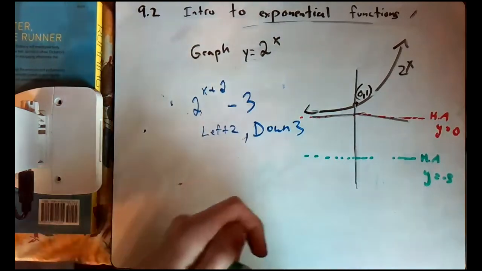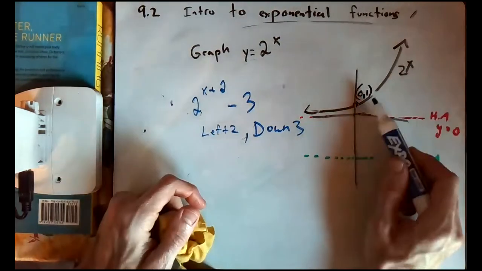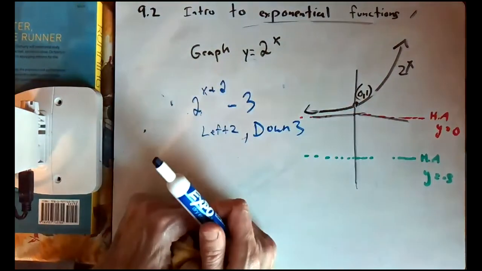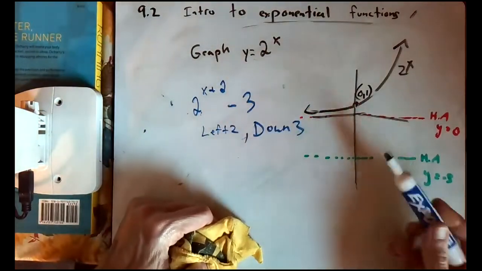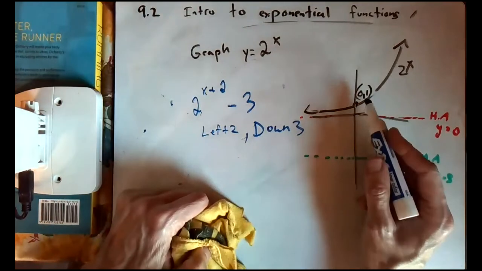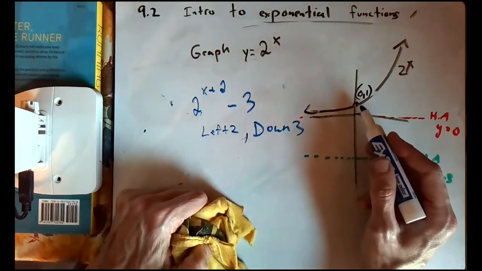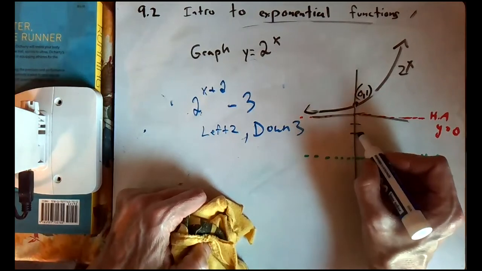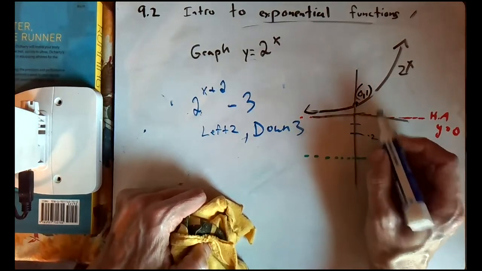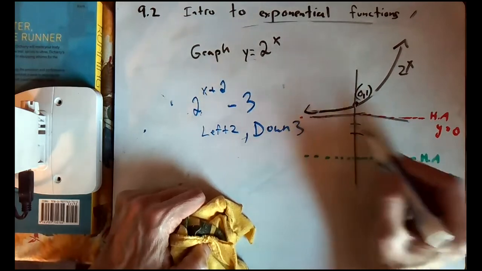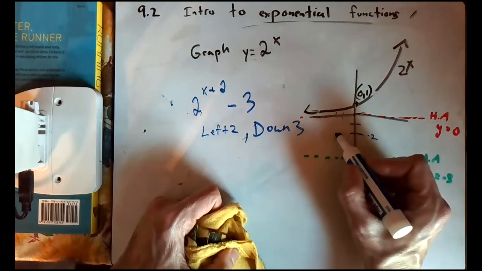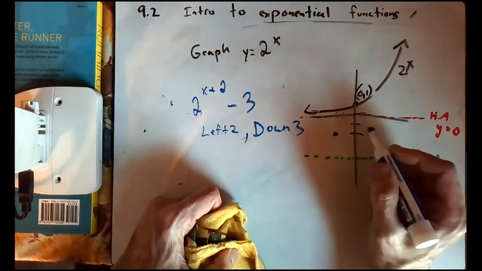And what are we basically doing with the original curve, this 2 to the x? We're shifting everything down 3 units and to the left 2 units. What's the reference point that we're going to use? (0, 1). So if I knock that down 3 places, 1, 2, 3, all of a sudden we're at -2, right? Because 1 minus 3 gets you to -2. But then I have to move it left 2 spaces like that.